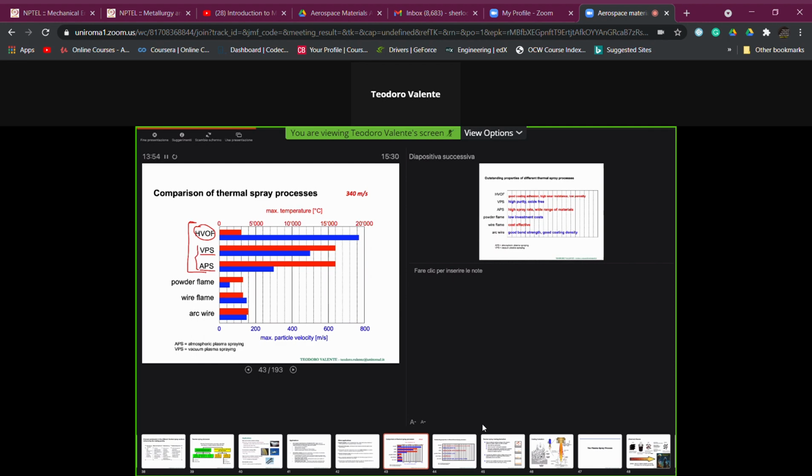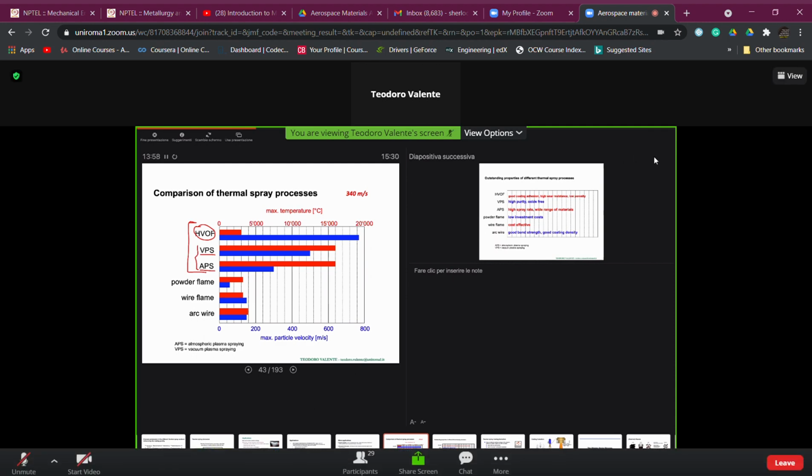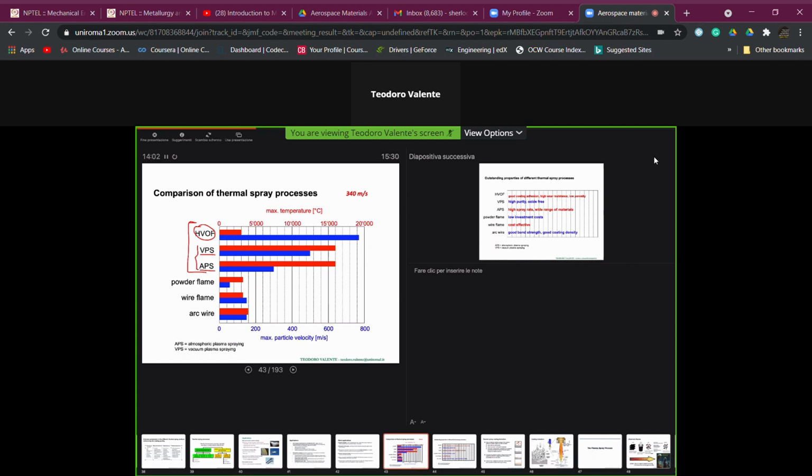Instead, if the torch is working in air without any confined vessel, this is the technology of air plasma spraying. Before discussing these figures, because they are very important, let's say some logical things.